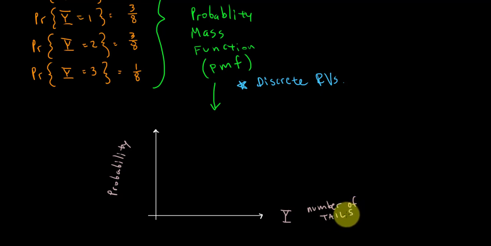And I'll put some tick marks here for 0, 1, 2, 3 tails. And I know I didn't put the 0 on the origin here. I just want it to be visible, so I've just offset it. Not a big deal. Our probabilities, going to need a tick mark for 1/8 and 3/8. I'll scale those, so 1/8, 2/8.